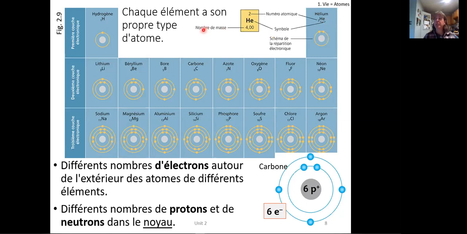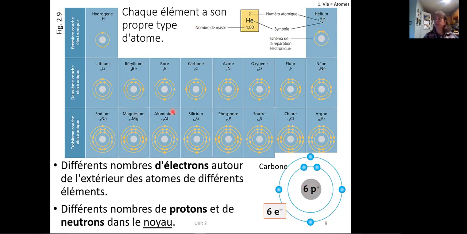Sometimes you will see the atomic mass. In English, we call it atomic mass. Here you see it, the number of the mass, which is 4. That's talking about the mass of the nucleus.